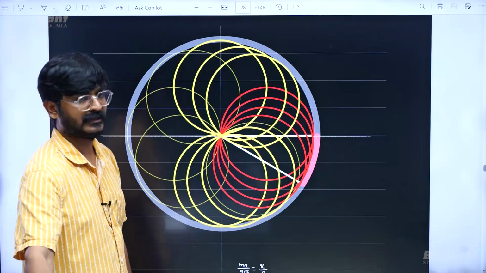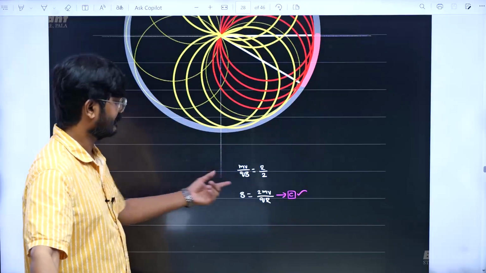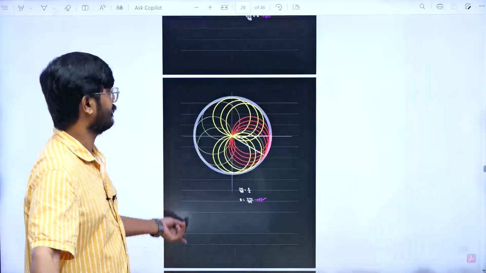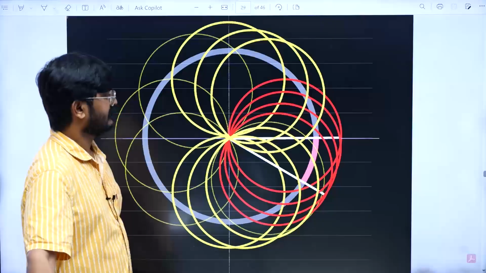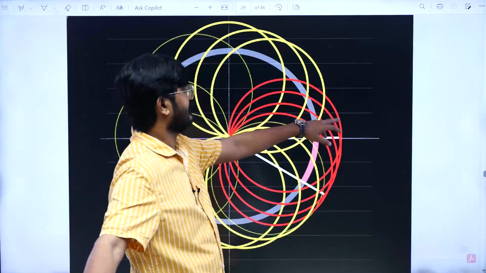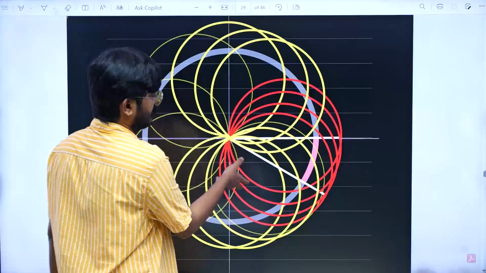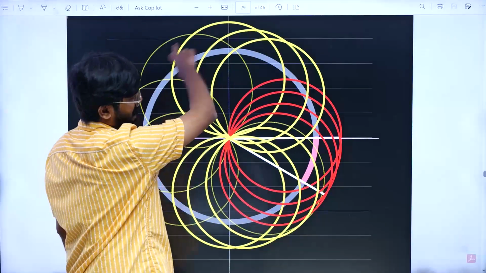When you keep reducing the magnetic field, this is the first time you can see the detector detecting something, and that will happen at this magnetic field. Now what will happen if you reduce the magnetic field even more? The radius will keep increasing. So the ones which were hitting before won't be hitting now, but new ones will be hitting. This entire thing is in like 180 degrees.